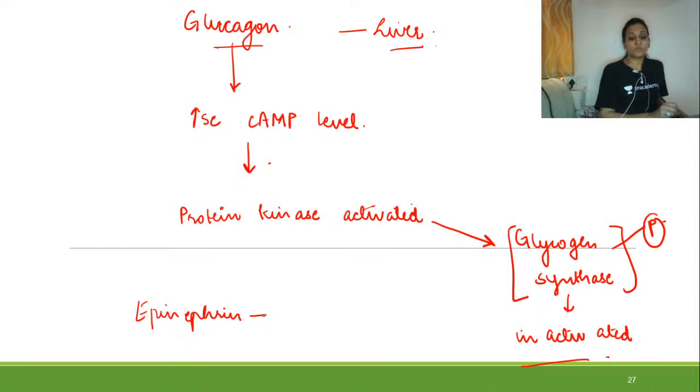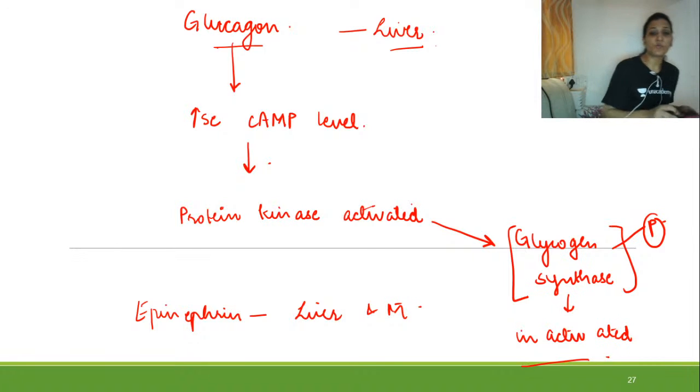Epinephrine will do this in liver and muscle. So now we have activated protein kinase and inactivated glycogen synthase. On the next slide, activated protein kinase.